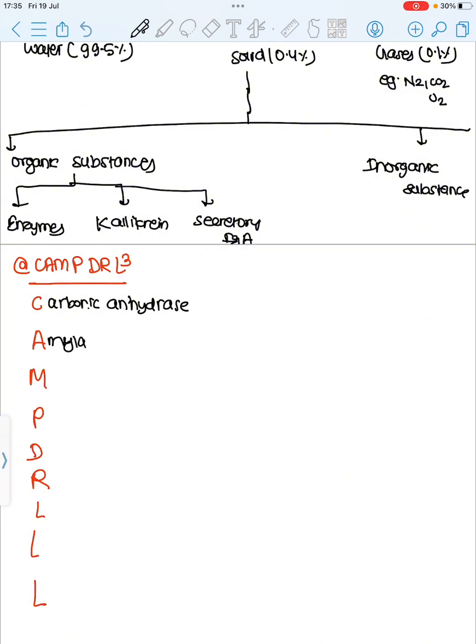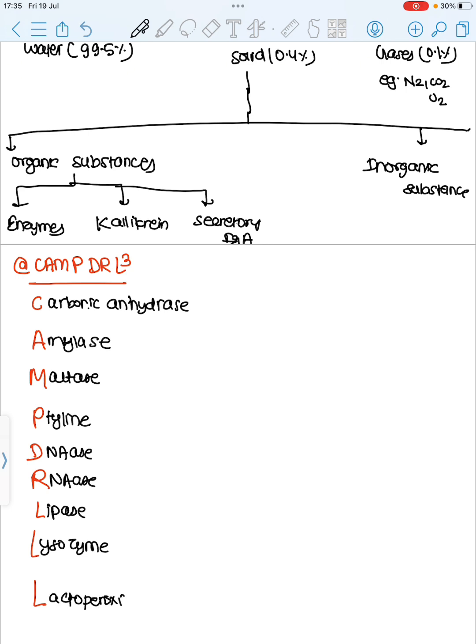A for amylase. M for maltase. P for ptyalin, P is silent here. D for DNase. R for RNase. L for lipase. L for lysozyme, and another L for lactoperoxidase.